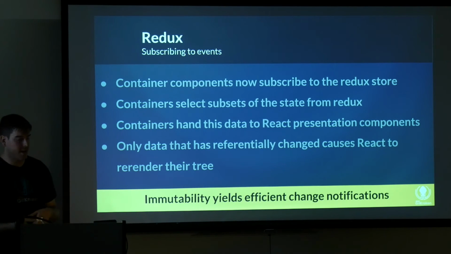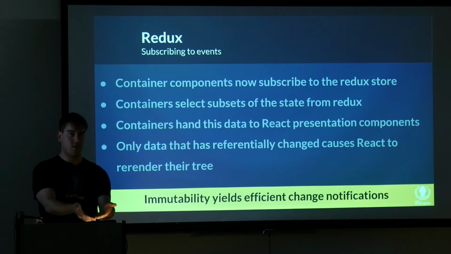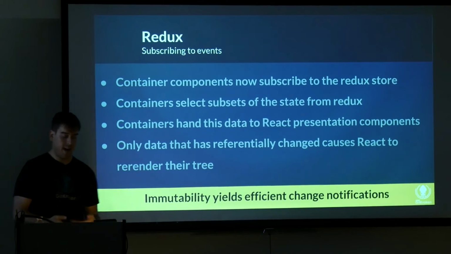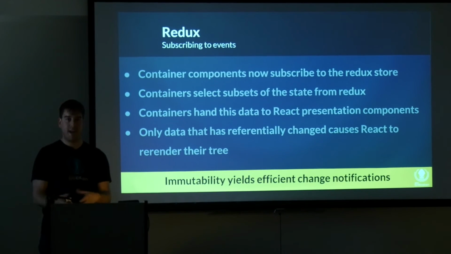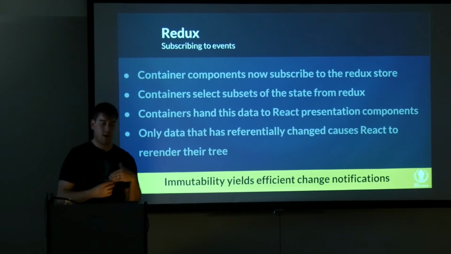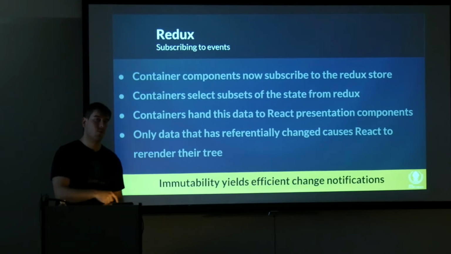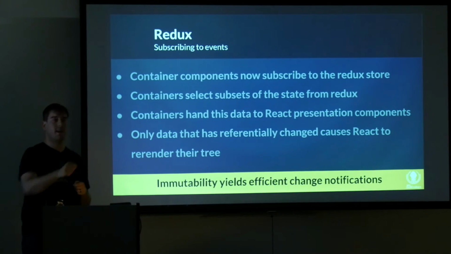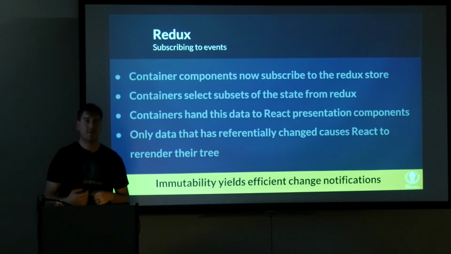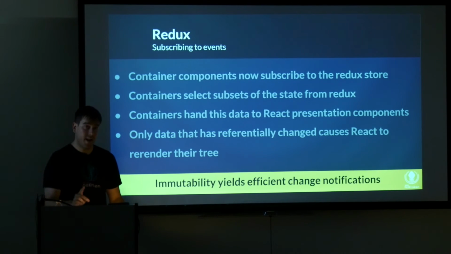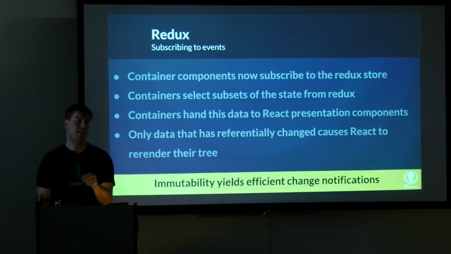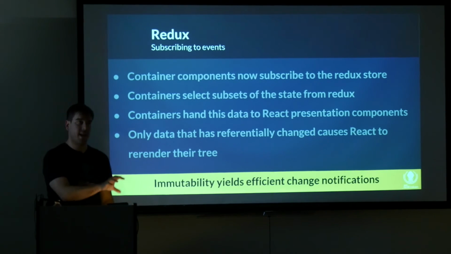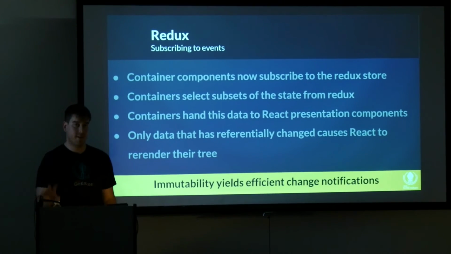How we do that is, React, we hand you this data, and we had handed you data before. So you are a component that exists on the page, your presentation component. You've received data, you've rendered once before, and now here's some more data. I want you to go and render that and give me a description of what you look like. But I have handed you the exact same thing, because it is referentially the same thing.